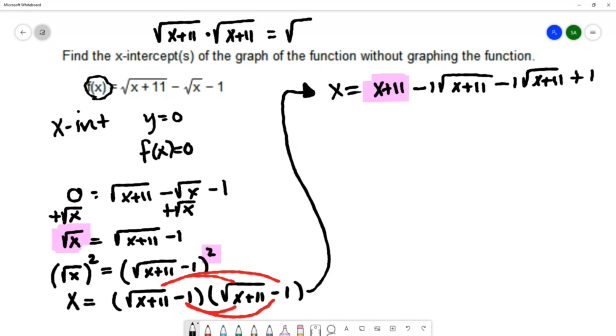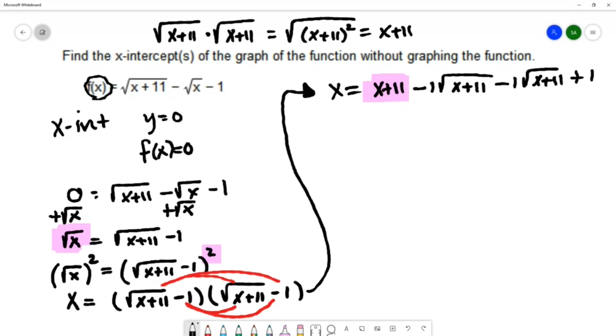And that's equal to the square root. Now when you multiply square roots, you multiply what's underneath them. So that's the square root of x plus 11 squared, and then the square root and the square cancel each other out. So that's how we got x plus 11.